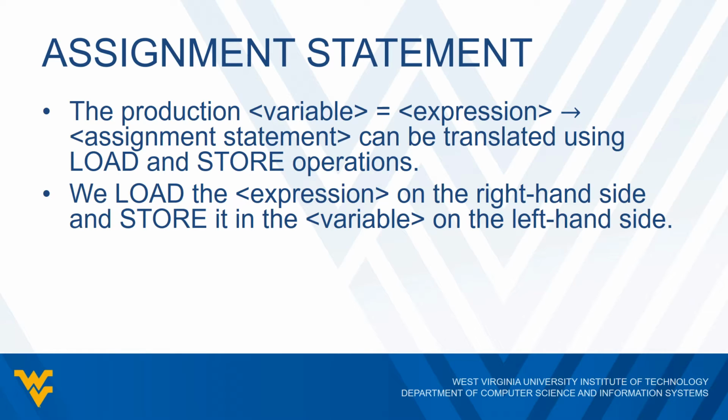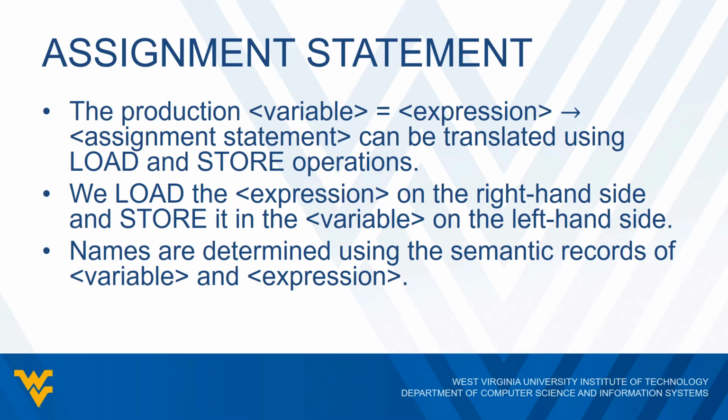So we're basically using these load and store operations on the right and left sides of this assignment operator. Once again, the names used in the address fields of the machine language instructions are obtained from the semantic records associated with the variable and expression non-terminals. So we would generate some code for loading the temp and then storing the value into x.